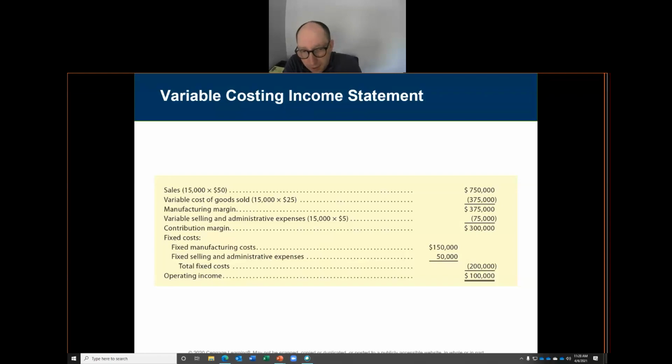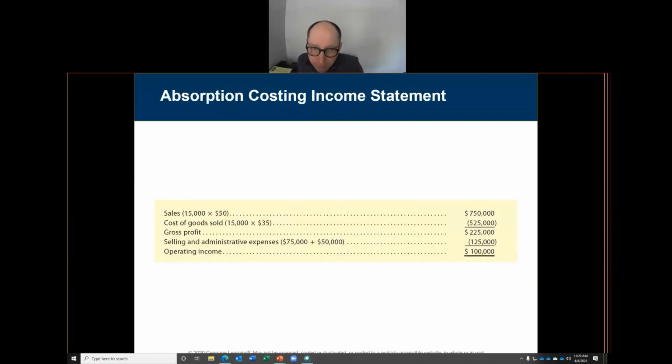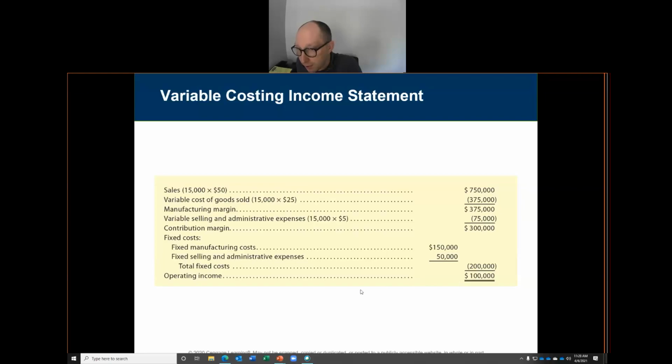You see that the operating income is the same under both the absorption costing method and the variable costing method. The reason why we perform both methods is for management to be able to make decisions based on their variable costs.